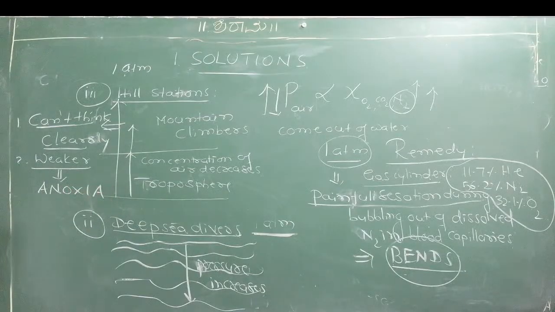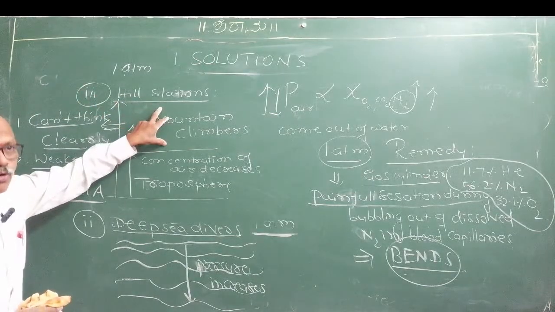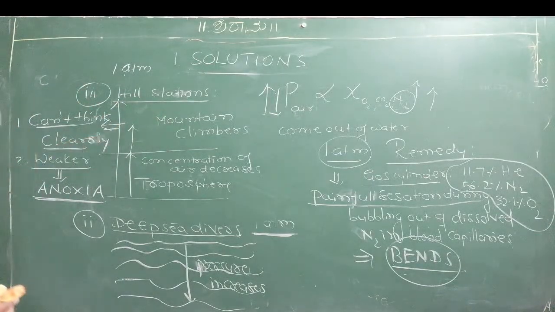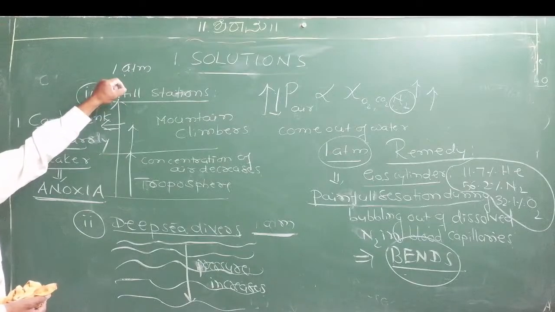Observe some of the applications. You will be asked, what is anoxia? Anoxia is a situation experienced by mountain climbers in the upper layers of the atmosphere, where the concentration of oxygen will be less.